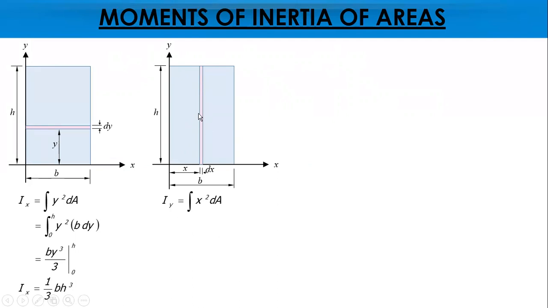Our dA is h dx, and the limit of x is from 0 to b. Then substitute. Same coefficients, only the exponent differs. For Ix it is h cubed; for Iy, sorry, this is Iy, it is b cubed h.